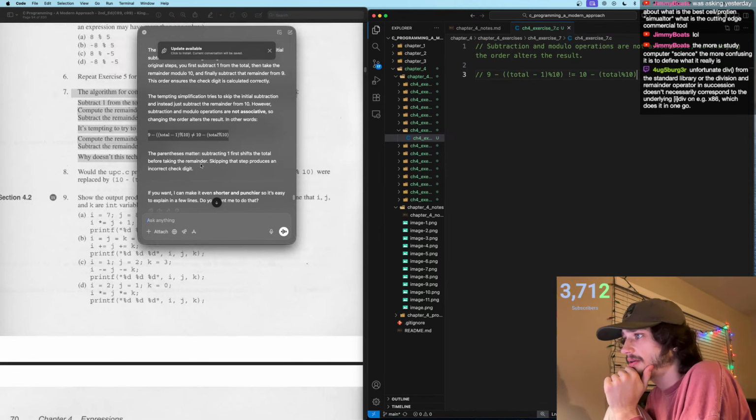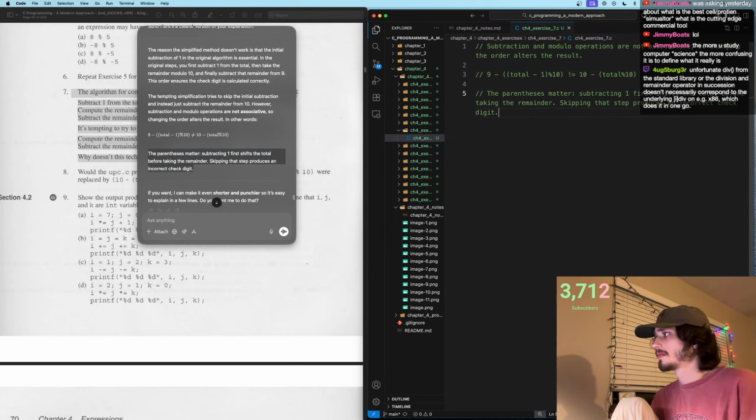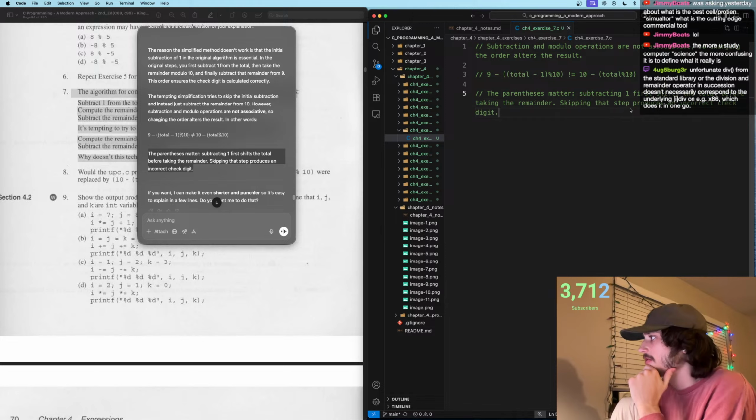The parentheses matter, right? Subtracting 1 first shifts the total before taking the remainder. Skipping that step produces an incorrect check digit. Nice.